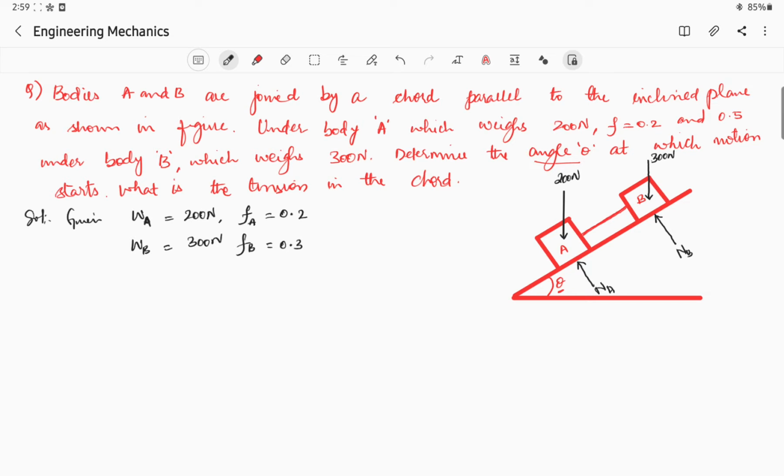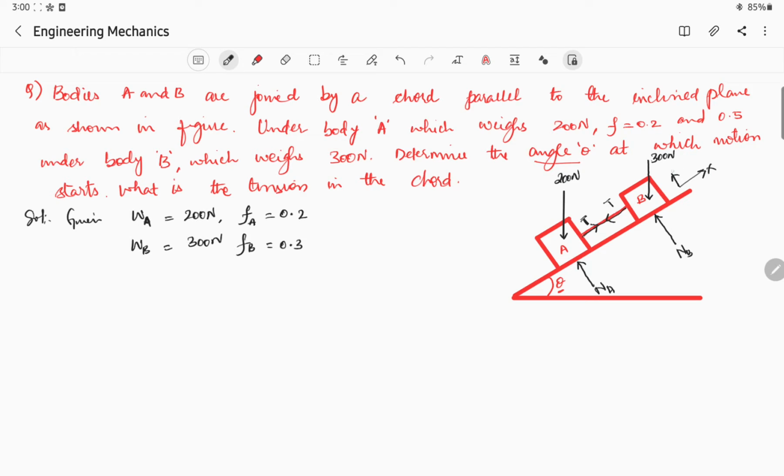Alright, next, this is the cord, right? Whenever we say cord, we always denote it with tension. From block A the tension will go away from the body, and from block B the tension will go away from the body. Depending upon this x and y axis we have to calculate.